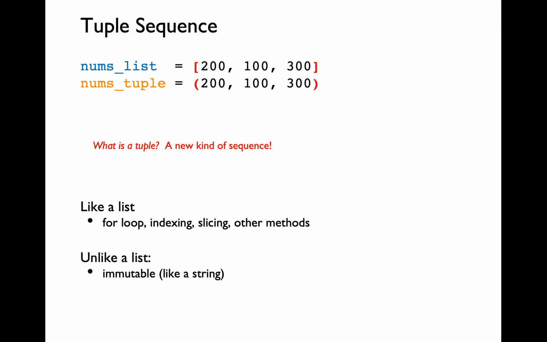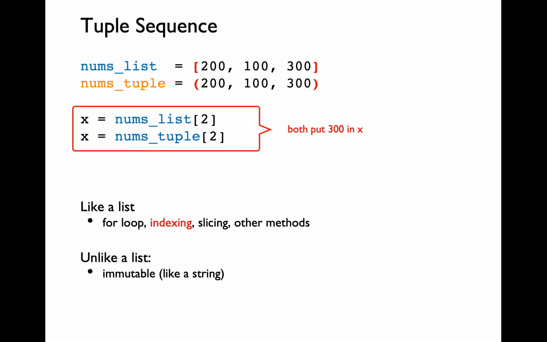What is the difference between a list and a tuple? Unlike lists, tuples are immutable. Recall that lists are mutable. Let's go through operations that you can do with a tuple and which you cannot do with a tuple.